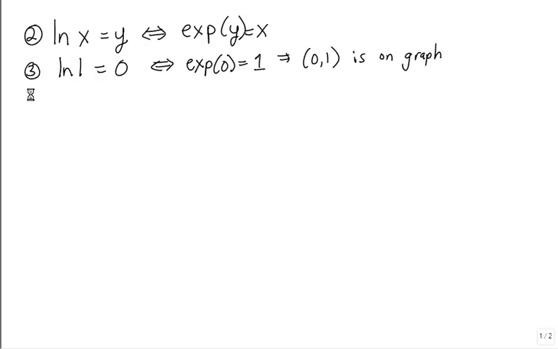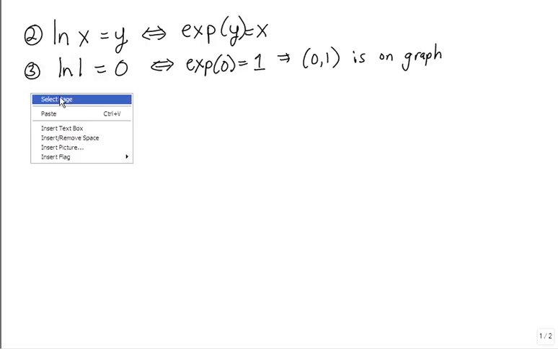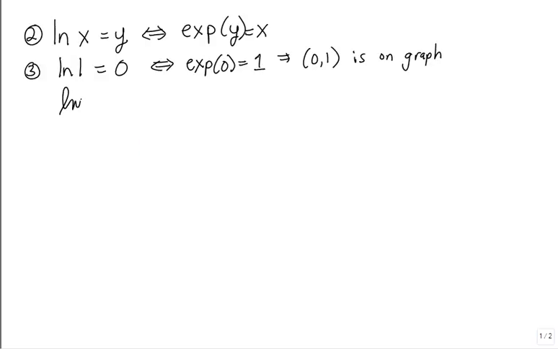Okay, we also know ln of e, remember e was 2.718, never ending, is 1. So that implies that exp of 1 is e. So that tells me that the point 1, e is on the graph.